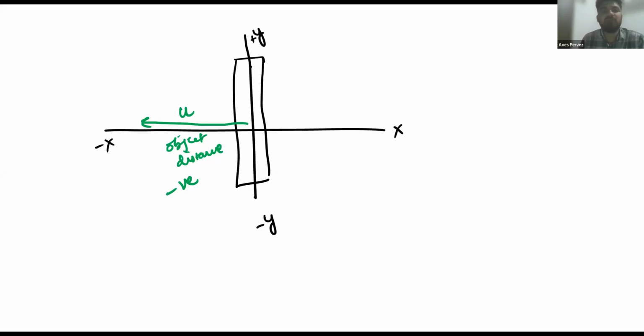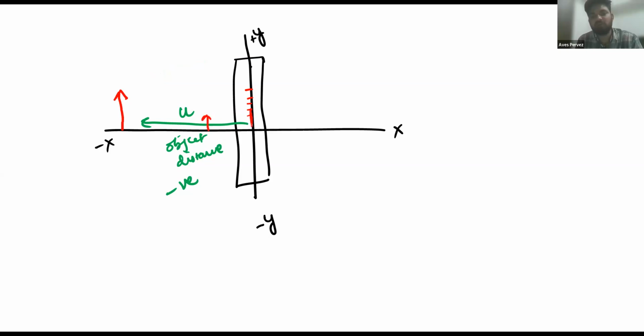Similarly, this is an arbitrary choice: we always keep the object on the left-hand side, over the negative x-axis. If you need to measure the height of this object, it will be measured along the y-axis. If it is this much tall, then you take this length.